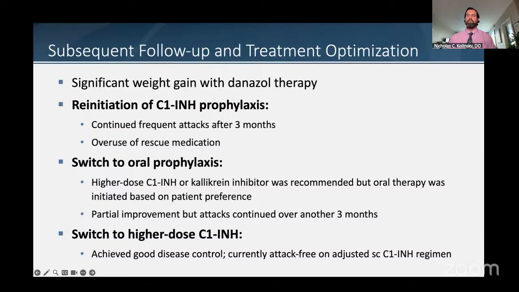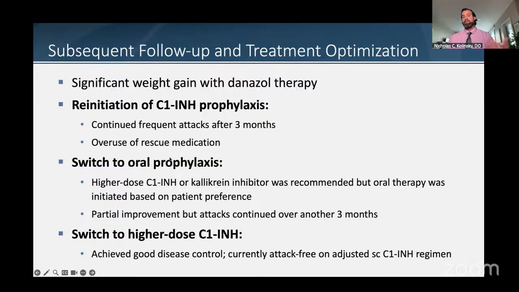And she's again going through all her rescue medication. So she comes back in and she sees us. We decided to recommend a higher dose C1 inhibitor. She was so well controlled on that. We felt like the explanation for her increase in attacks was due to her weight gain, either that or a kallikrein inhibitor.